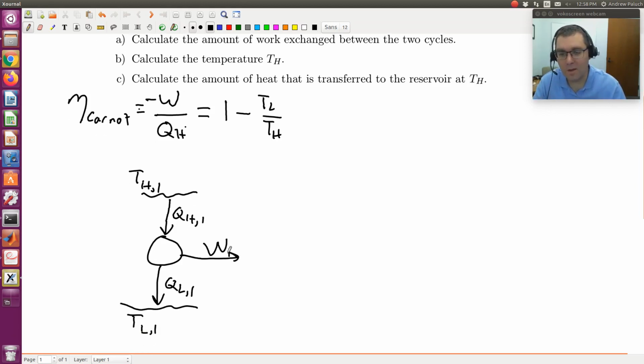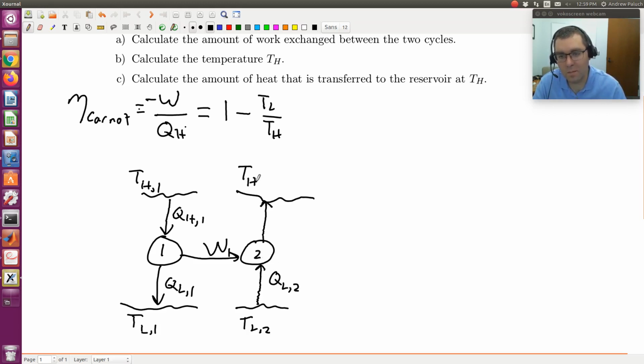Now in this case, the work that we're extracting from our first cycle is the input to my second cycle, and my second cycle is going to do the opposite. It's going to take heat from the second low temperature reservoir, so it's going to extract heat, QL2, and then it's going to deliver heat to a second high temperature reservoir.